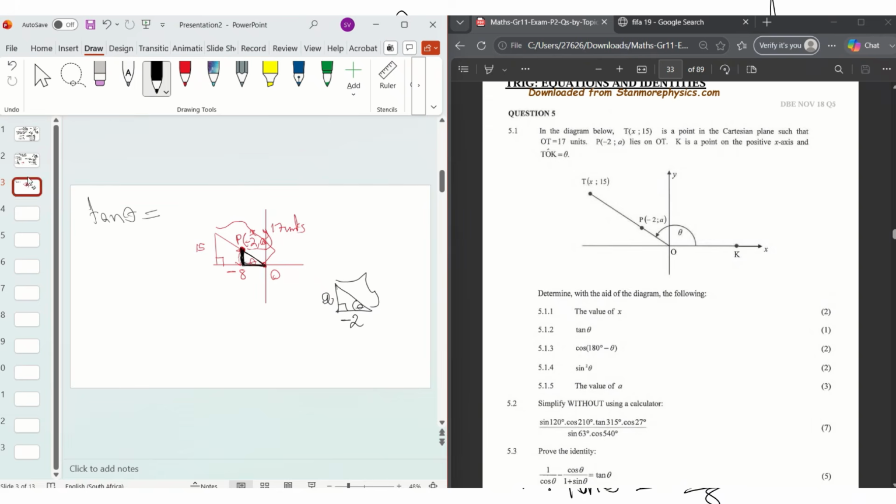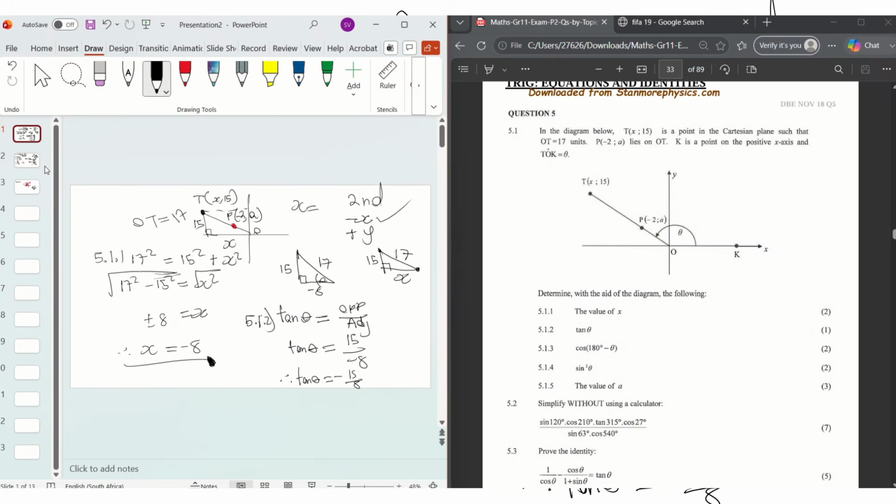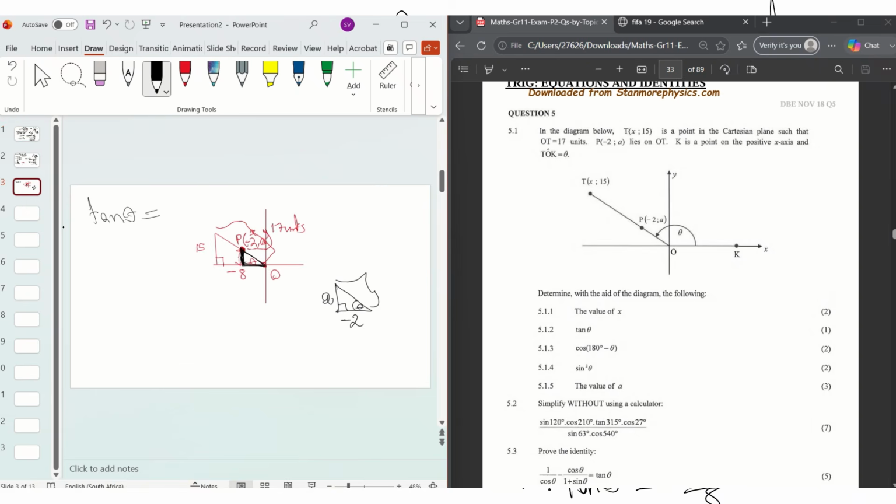So tan theta is equal to, where's tan theta? Tan theta was equal to negative 15 over 8. So we can use this trig ratio to help us get the angle, okay? Because the angle is the same for both triangles, the smaller one and the bigger one.